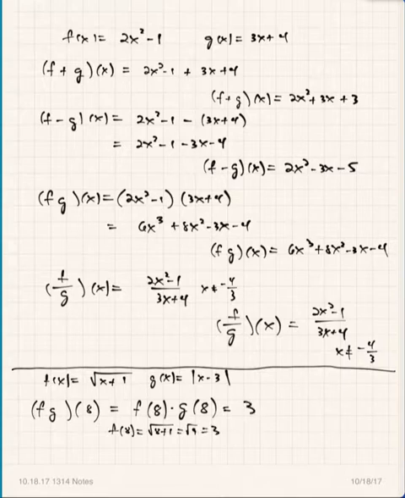So f of 8 is 3. And then g of 8 is the absolute value of 8 minus 3, which is the absolute value of 5, which is 5. And so fg of 8 would be equal to 15. You just multiply those two results together, right? So that's all you're talking about if you're trying to calculate a specific value for functions like this. You're not actually trying to create the function.